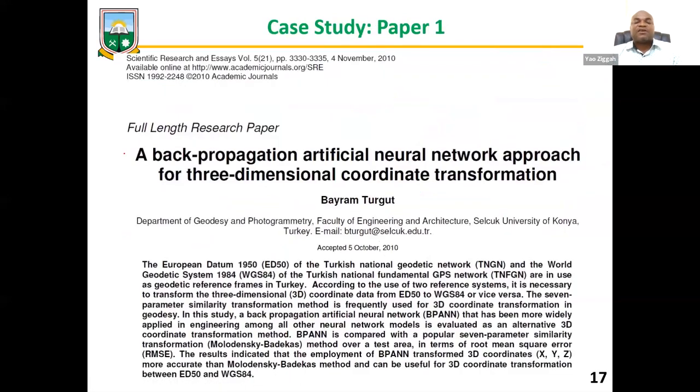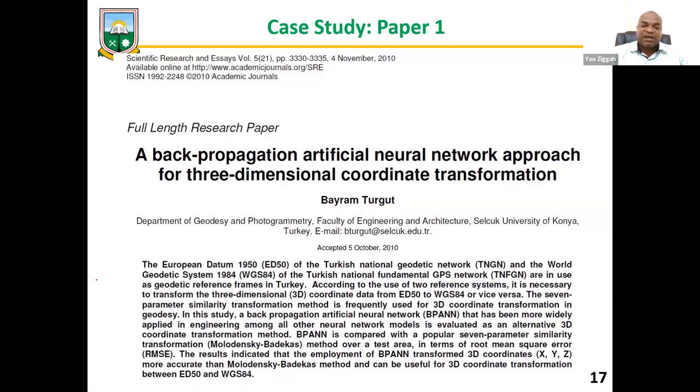Now, let's look at examples of some case studies. When you look at this paper, this was carried out in Turkey, where they considered the European Datum 1950 and the WGS 84. This is research work done by Bayram Tegat in Turkey.